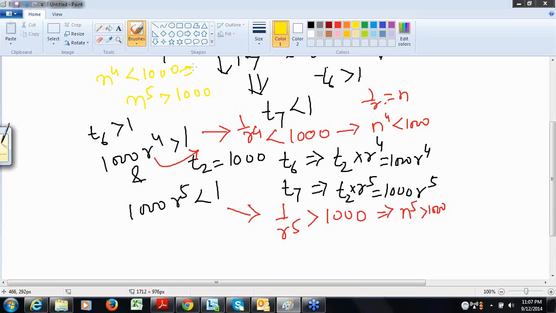So this will satisfy how many values? This will satisfy 6 values. This will satisfy how many? See, this equation you move it here, so it will become what?